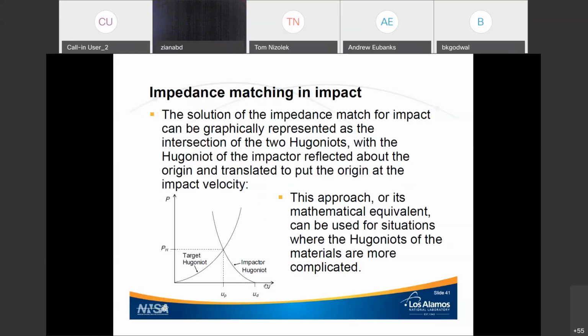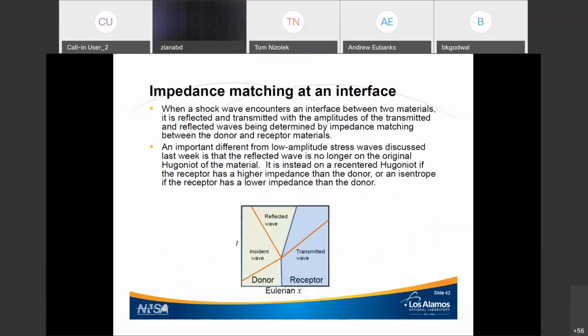If you have equations that are more complicated than a linear Hugoniot that allow you to describe P as a function of U, then you can still do the equivalent of this mathematically with those more complicated equations.